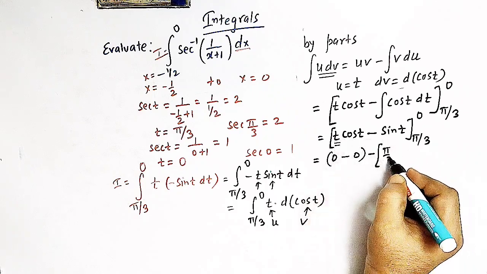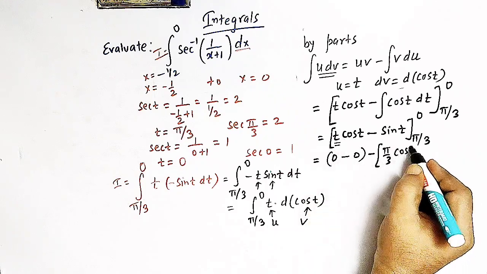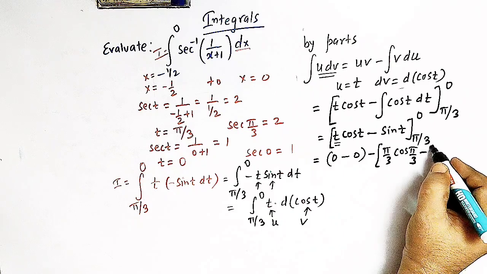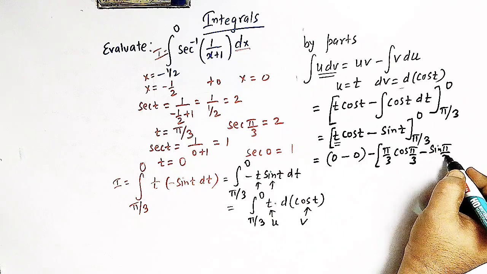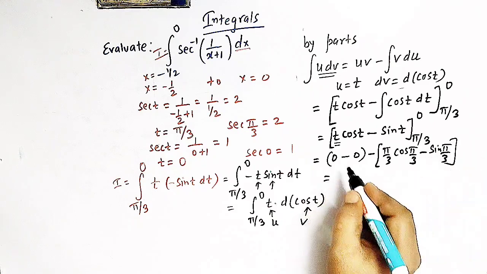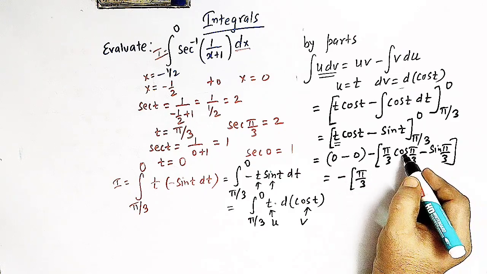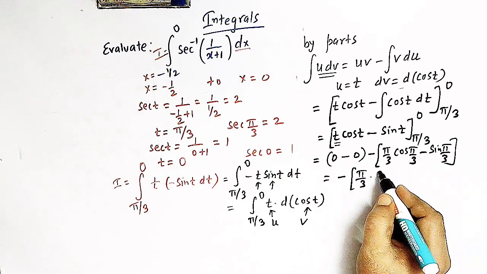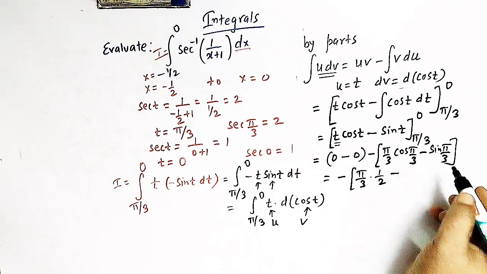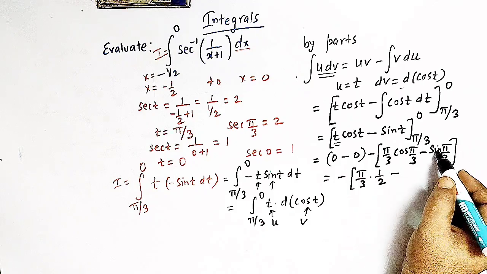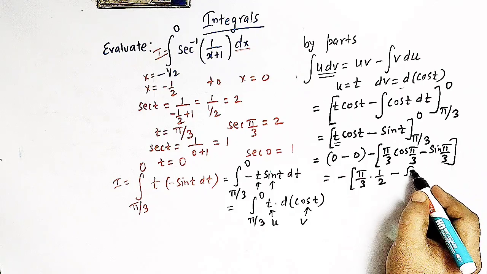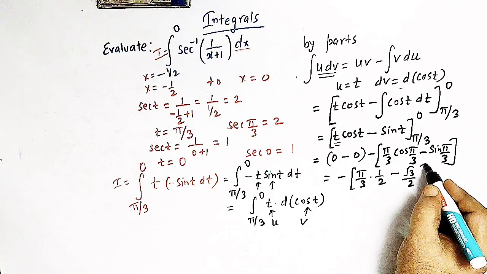So here we have pi by 3 cos pi by 3 minus sine of pi by 3. So here we have pi by 3, and cos pi by 3 is given by half, and then we have sine pi by 3, that is square root of 3 over 2.